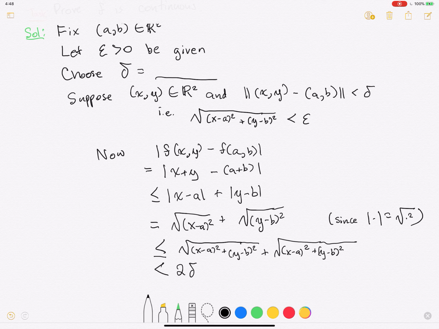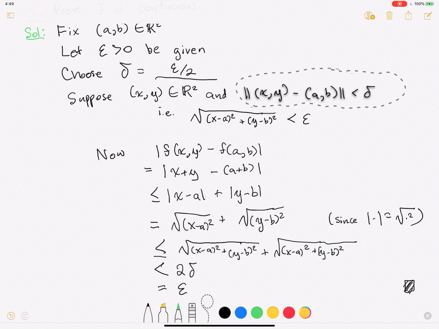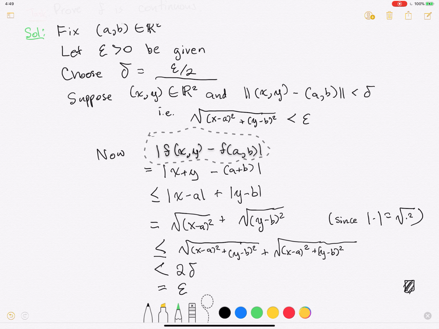And we want this to equal epsilon, so we make delta equal epsilon over 2 up there. So now our proof looks like it works. We used the definition of continuity on a set A, so we showed that whenever (x,y) is less than delta away from (a,b), because of this norm, their function values are less than epsilon through some algebraic manipulations.